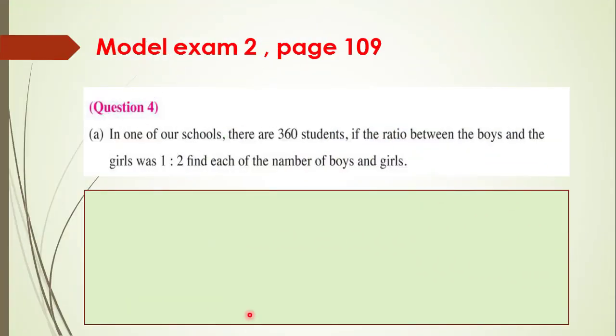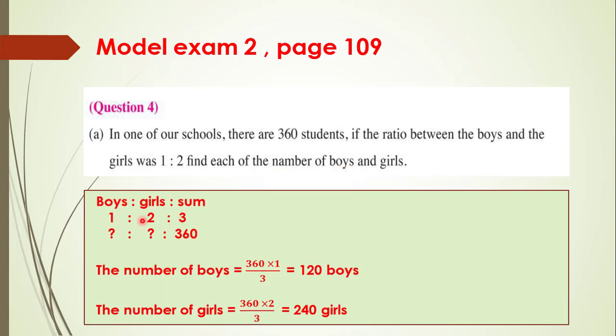Question number 4. In one of our schools, there are 360 students. If the ratio between the boys and the girls was 1 to 2, find the number of each of boys and girls. At first we will write the ratio 1 to 2, so the summation is 3.